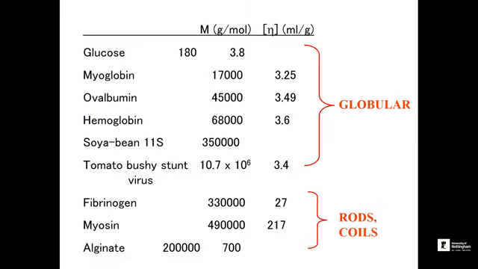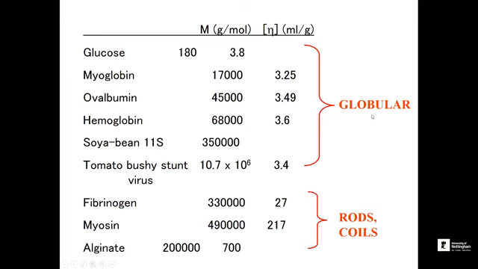And these are some of the values for intrinsic viscosity. Sorry, that 3.8 should be over here. I don't know what's happened there. Formatting error. Again, this should be over here, 700. That should be 200,000. This shows you the variation in the intrinsic viscosity with molecular weight for different shapes, globular shapes and also rods and coils.